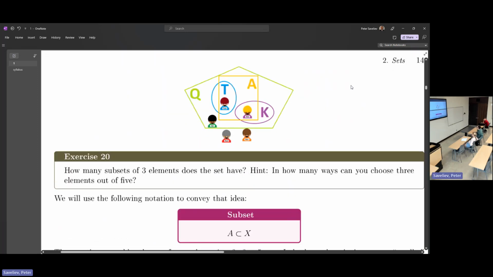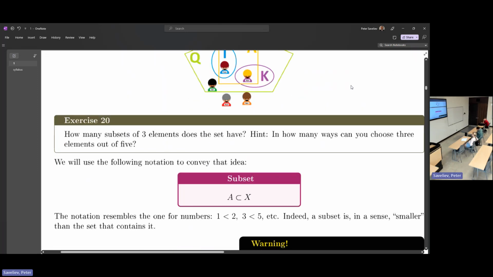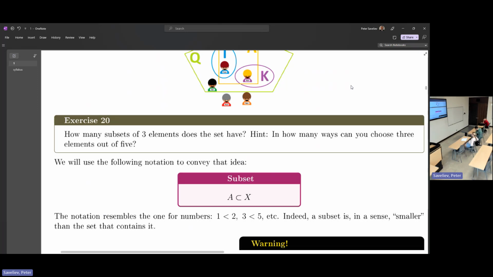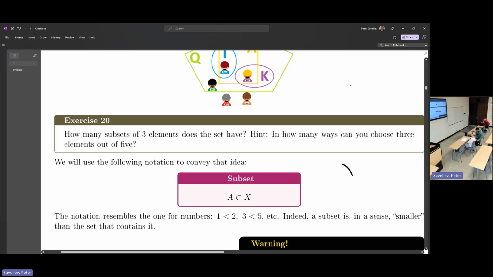All right. So, notation. It resembles the notation of less than, because in the context of lists, especially, the subset is always smaller than or equal to the size of the set. Okay, the set is a subset of itself, to be clear, but it cannot be larger. So that's why there is a match.